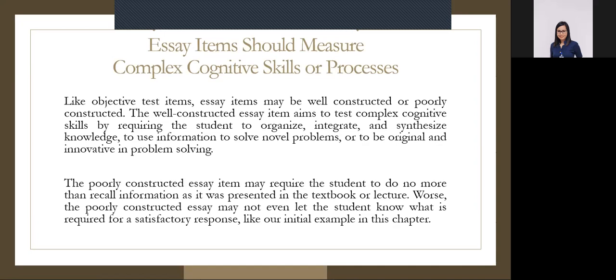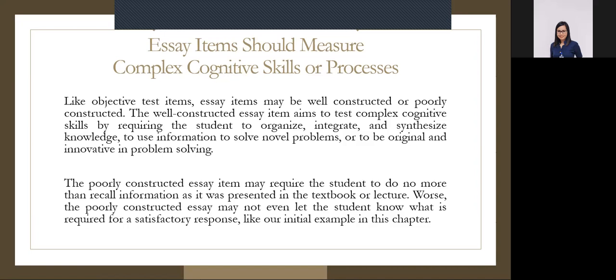Essay items should measure complex cognitive skills or processes. Like objective test items, essay items may be well constructed or poorly constructed. The well-constructed essay item aims to test complex cognitive skills by requiring the students to organize, integrate, and synthesize knowledge, to use information to solve novel problems, or to be original and innovative in problem solving.